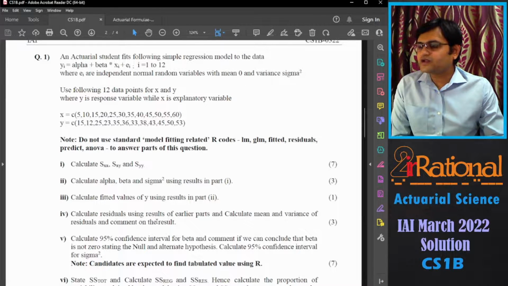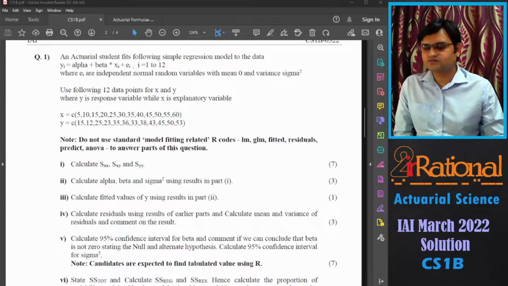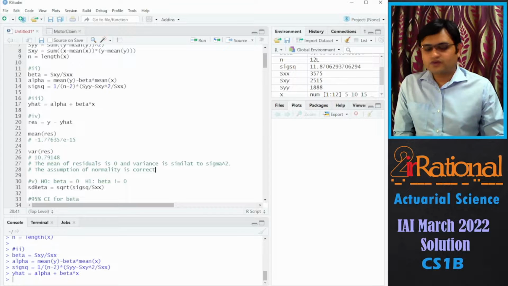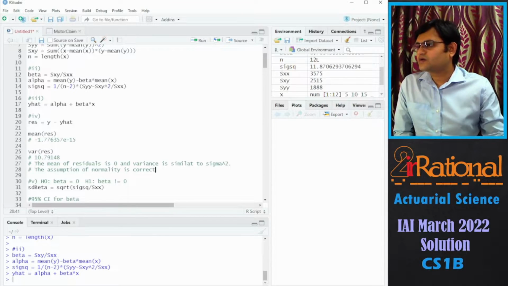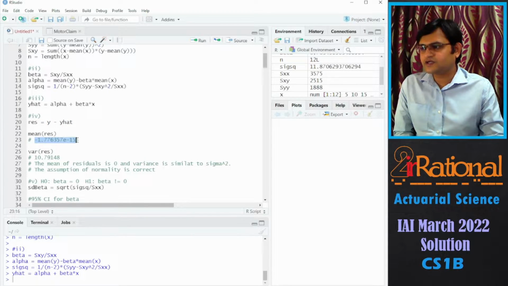Fourth part, calculate the residuals using results of earlier parts and calculate the mean and variance of residuals and comment on the result. So here we'll calculate our residuals. That would be y minus y hat value. Mean of the residuals is nearly 0 and variance is about 10.79, which is similar to our sigma square value.